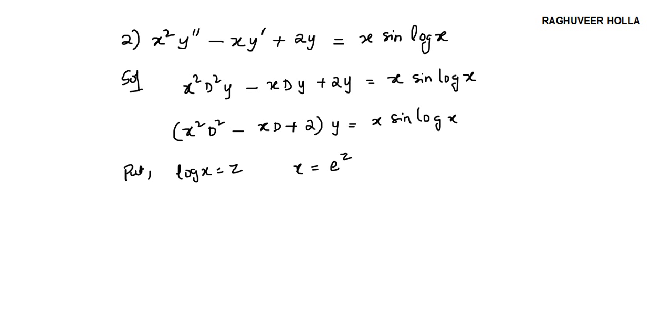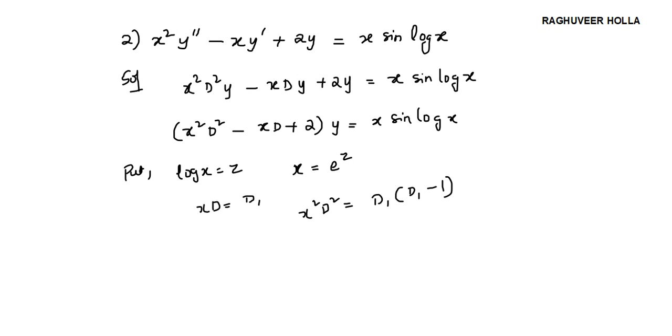Also xD as D1 and x square D square as D1 into (D1 minus 1).